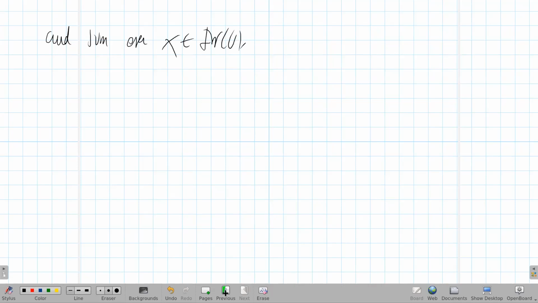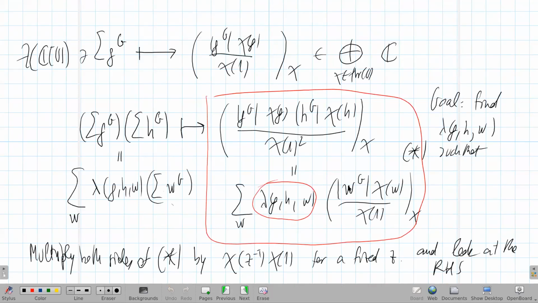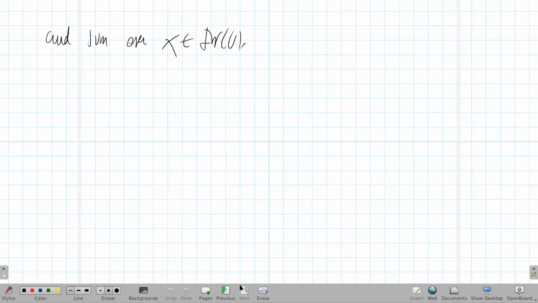So let's look for a second at what we are doing. We'll ignore the left-hand side for the moment; we'll deal with it in due time. We take this and multiply by chi z inverse chi 1, so the chi 1 will have simplified, and we will have a chi z inverse here. Then we sum over the irreducible characters. There is already a sum over W, and now another sum over chi.